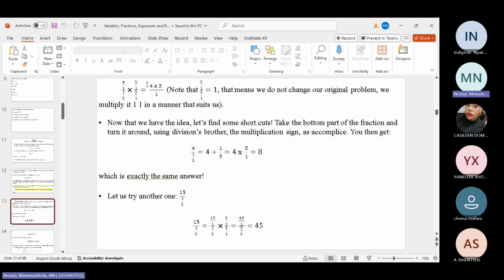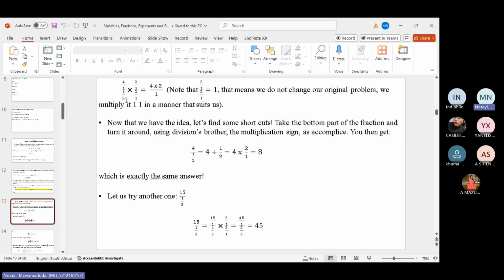So that is 4 times 2 divided by 1 times 1, which is 1, all divided by 1 times 2 divided by 2 times 1. So we'll have 2 and 2 cancelling out. We'll have 1. So everything that divides the 4 multiplied by 2 will reduce to 1. So note that 2 divided by 1 over 2 divided by 1 is equal to 1. That means we do not change our original problem. We multiply it by 1 in a manner that suits us.